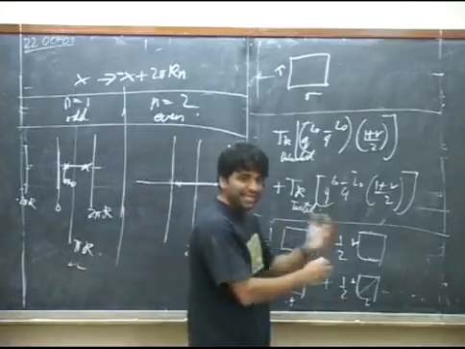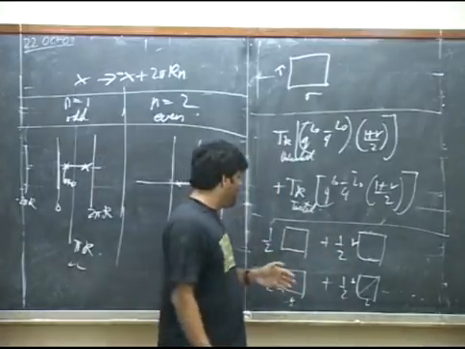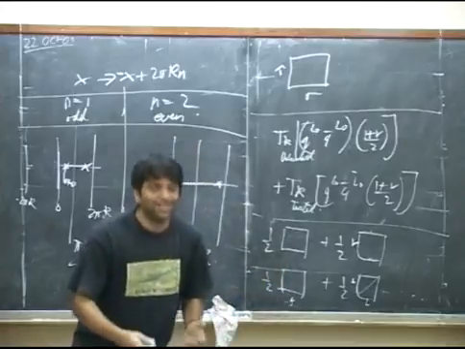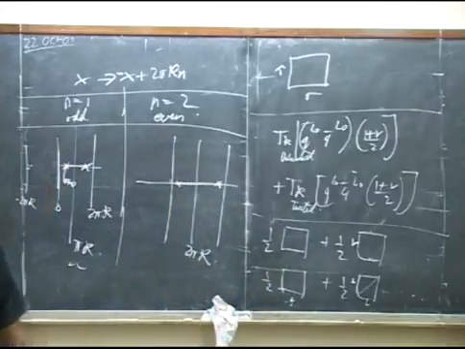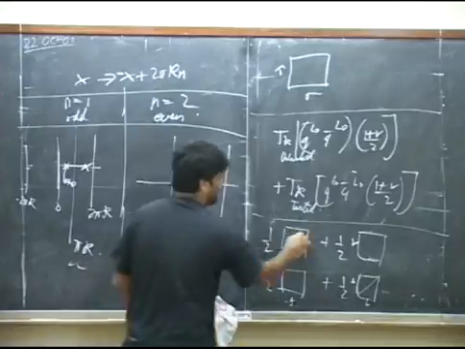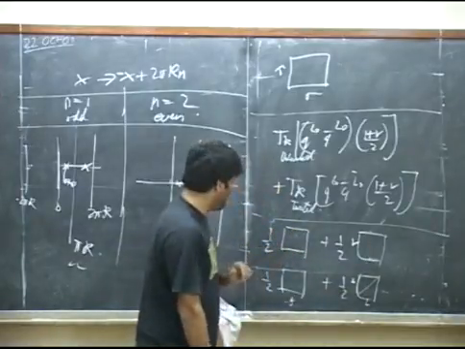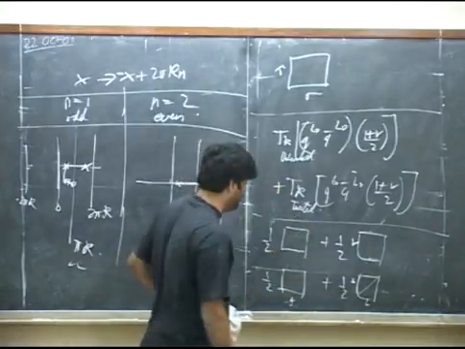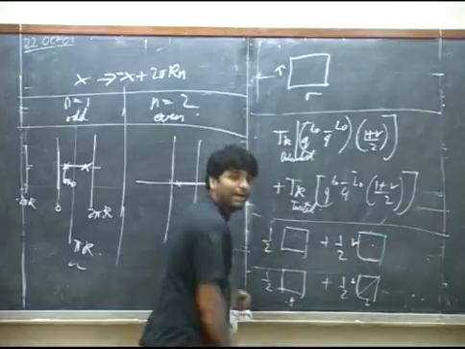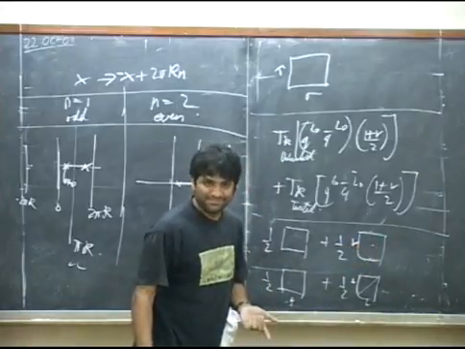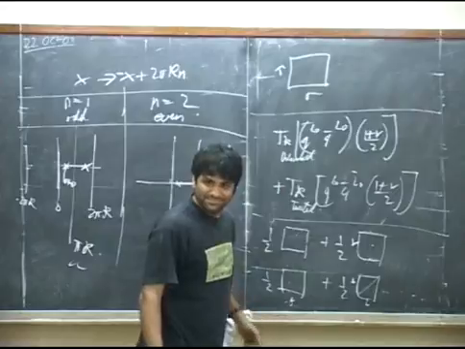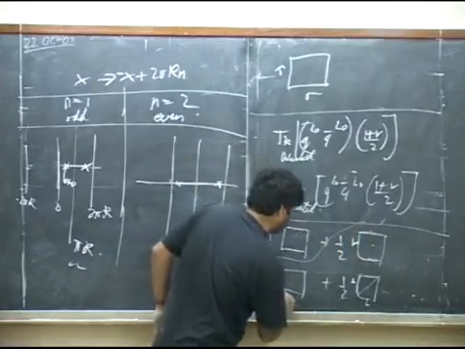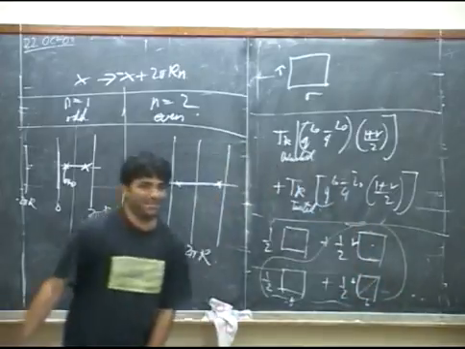Okay? So you can still convince yourself that the only way to get a modular invariant partition function would be to have a sum of all of these things. This thing is modular invariant by itself, but none of these are modular invariant by themselves. Okay? It's the sum of these three that are modular invariant.